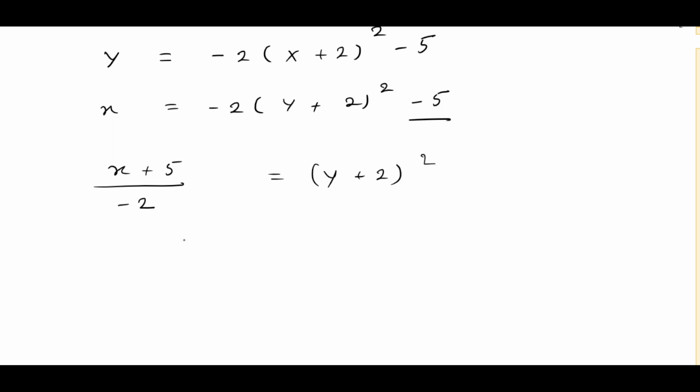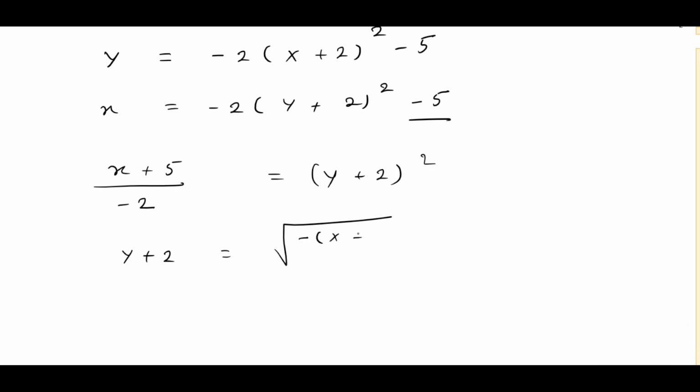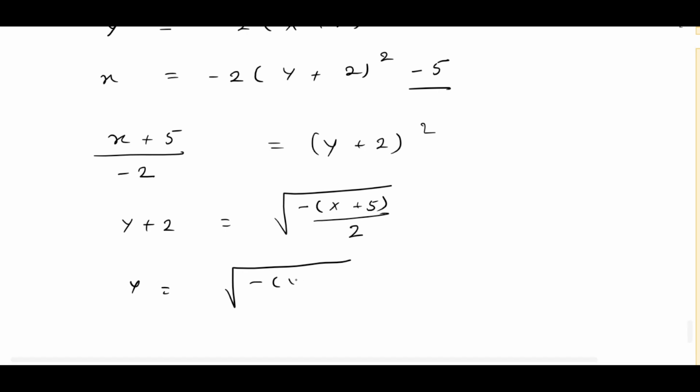So y plus 2 will be the square root of this, and I can shift the minus into the numerator, so it will be minus x plus 5 in the numerator divided by 2. Finally, y is equal to the root of minus x plus 5 whole divided by 2, and then this 2 will go there and it will be minus 2.